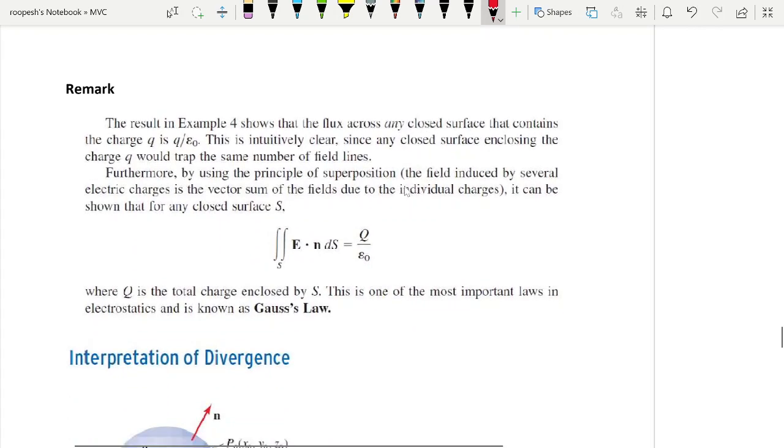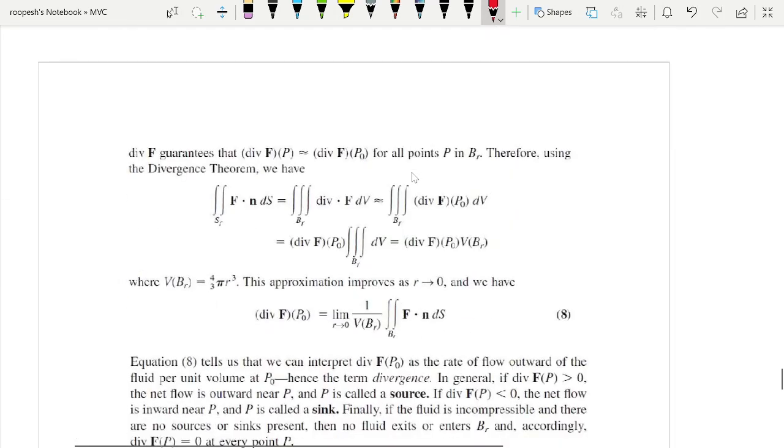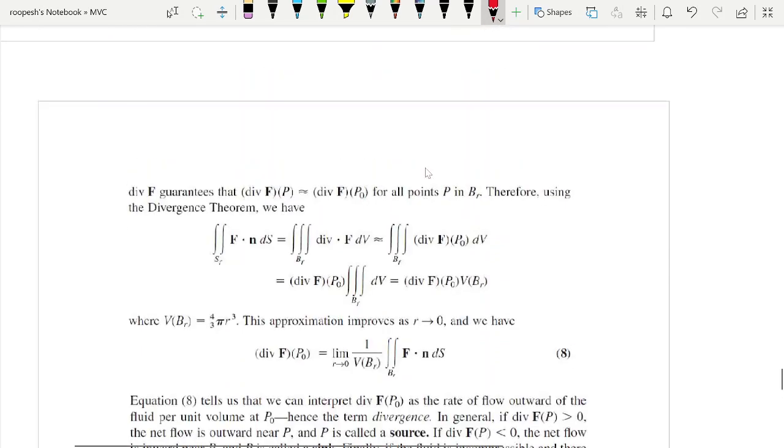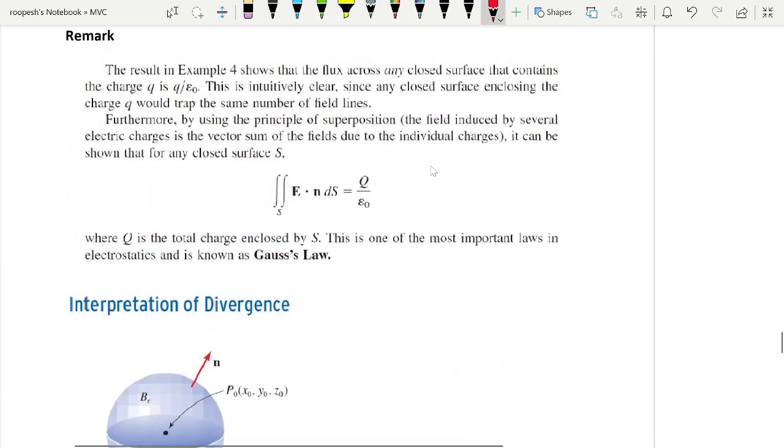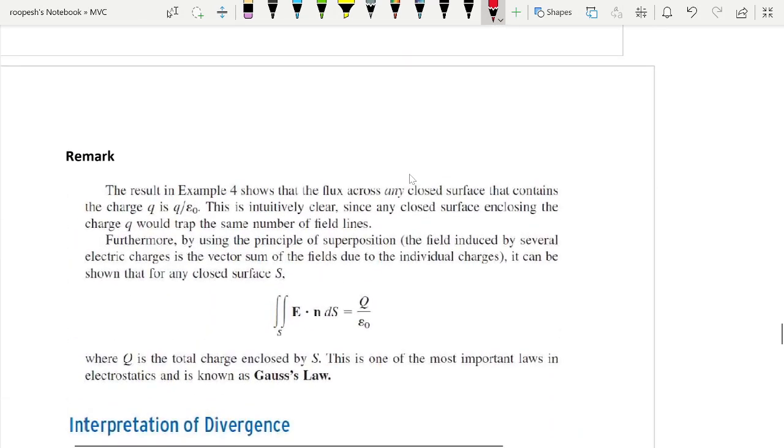Now here is a remark. The result in example 4 shows that the flux across any closed surface that contains the charge q is q by epsilon naught.